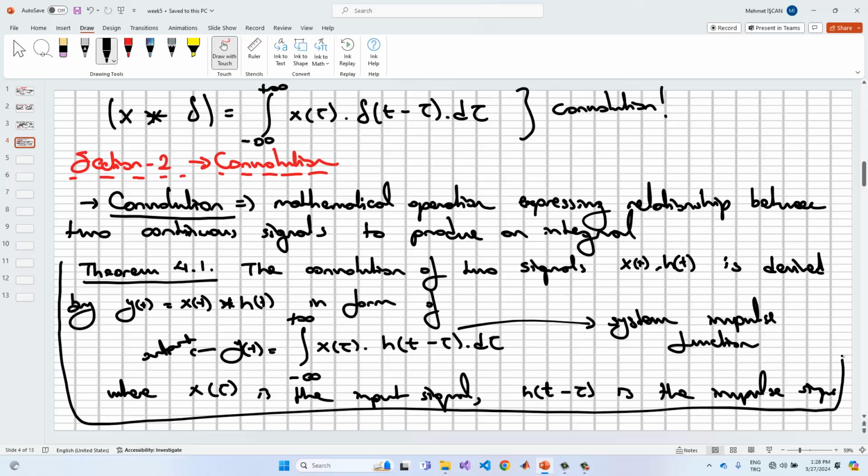This is the theorem for the convolution operation.